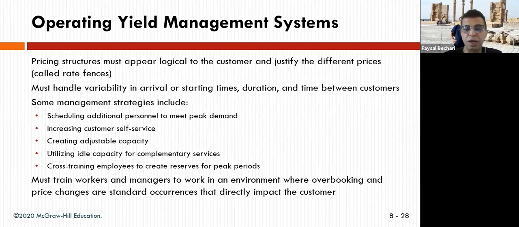Now, the pricing structure must appear logical to the customer and justify the different prices, which is called a rate fence. So if it's a business community, they might have different prices in their mind than when you are going on a vacation.